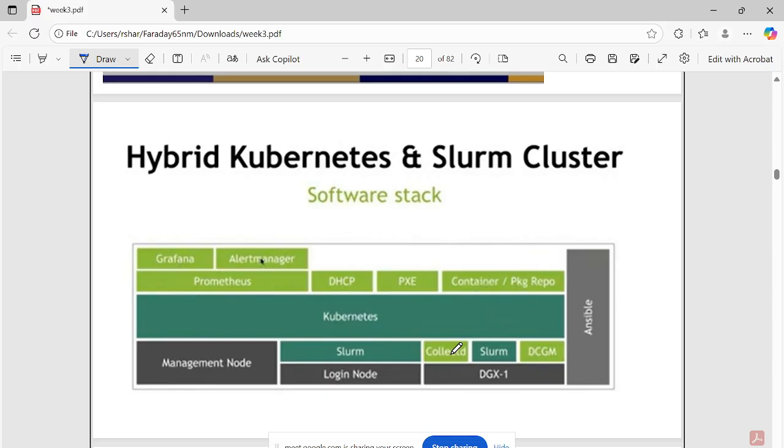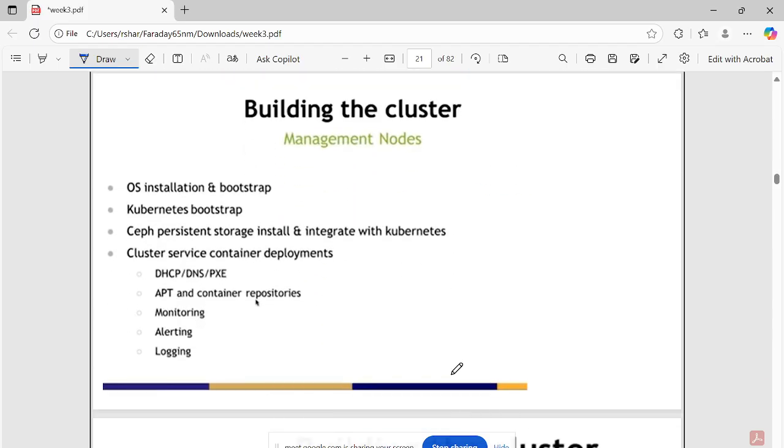So here: DHCP container, Grafana, alert manager, Kubernetes, then the Slurm login node, the DGX compute node, and then the management node. Building the cluster: management nodes.